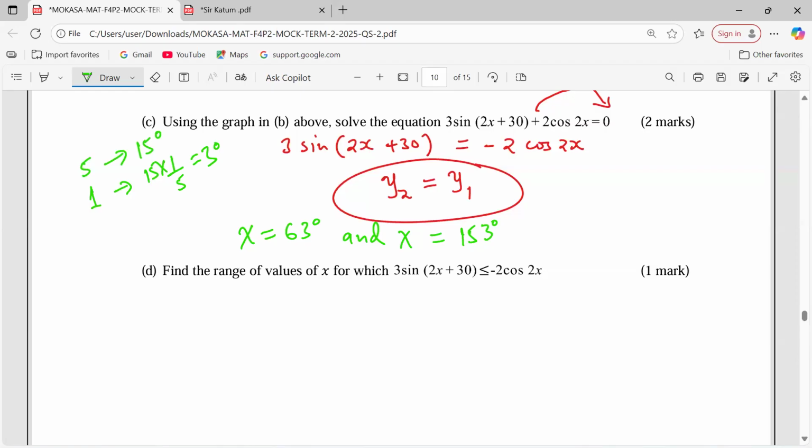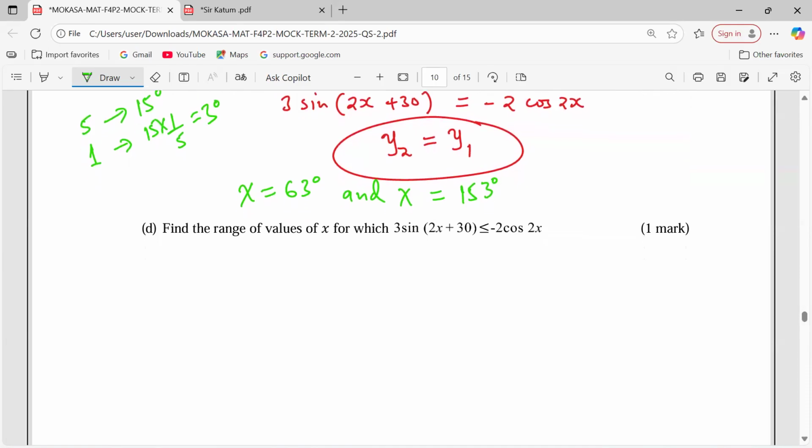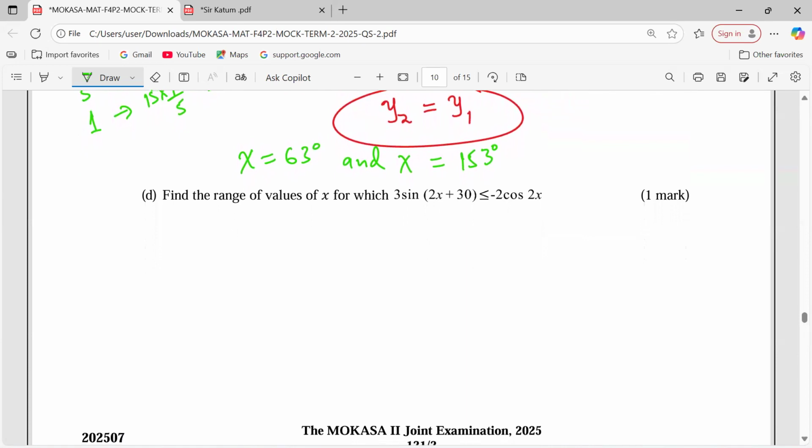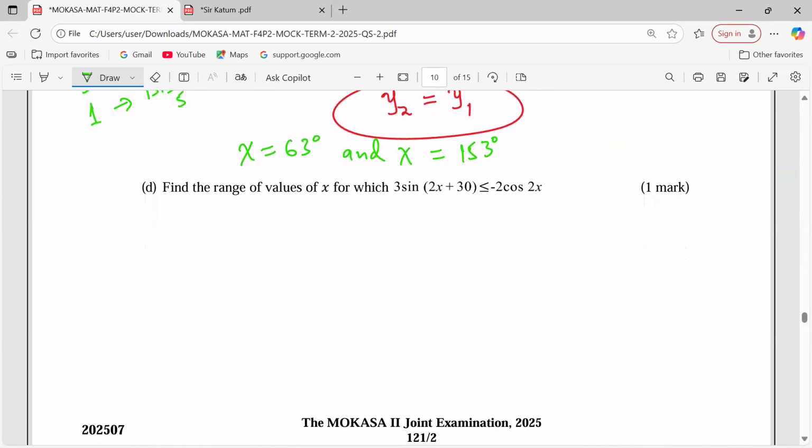Remember, we are remaining with only one mark, the last mark for this case. Find the range of values of x for which 3 sine (2x plus 30) is less than or equal to the second function. When is the second function greater, or what is the range of values when the second function is greater than or equal to the first one?